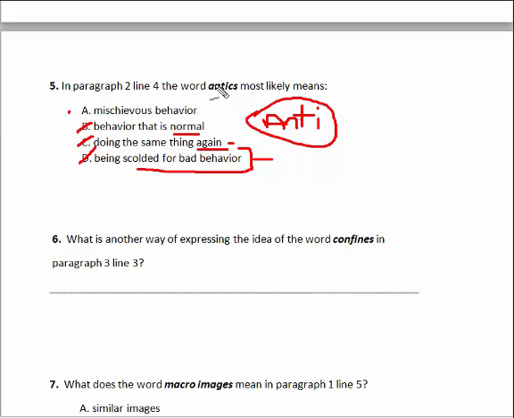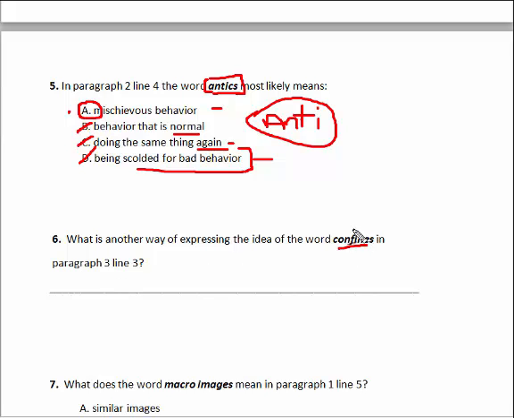Mischievous behavior. Antics is exactly that. Antics is like what a cartoon character would do, getting into mischief, causing a little bit of trouble. Just like Professor Thomas. I'm good like that, kids. 5 is A. Answer choice is going to be the best one here. Let's take a look at 6. 6, what is another way of expressing the main idea for the word confines in paragraph 3, line 3?